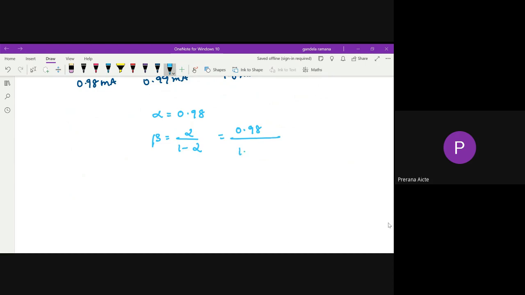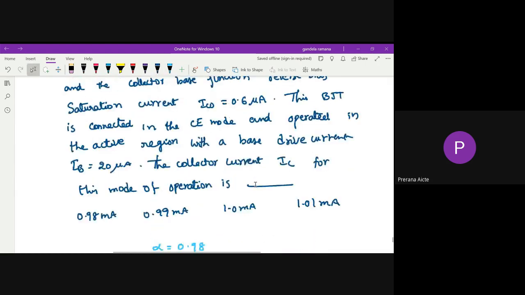0.98 by 1 minus 0.98. How much value do you get? You get the value of 49. So what is the reverse saturation current? IC naught, what is the IC naught in the problem? 0.6 microamperes.